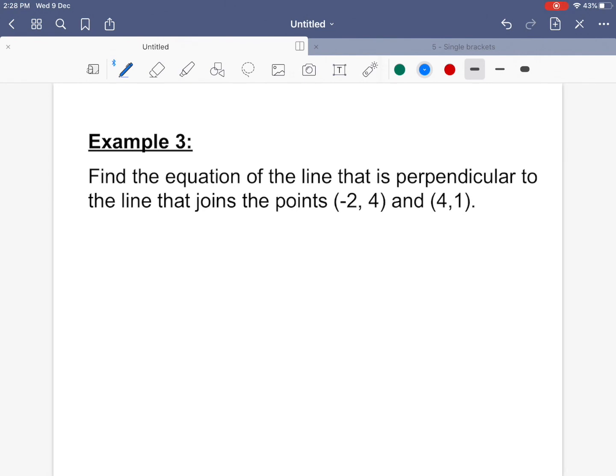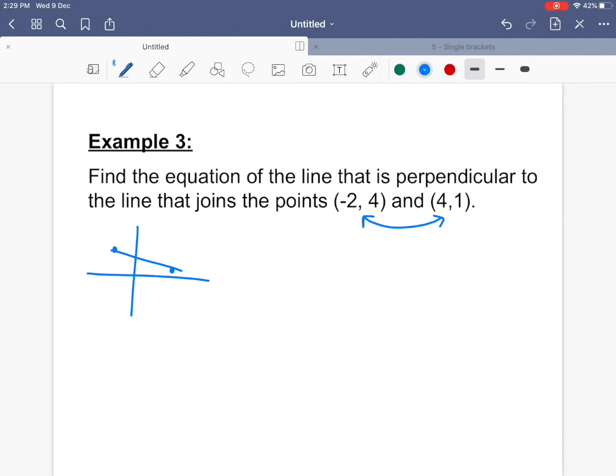This one's a very similar style of question. For the equation, we need to find the line that's perpendicular to the line that joins those 2 points together. If we think about roughly what this looks like, I've got the coordinate minus 2, 4, and the coordinate 4, 1, and there's a line going between them, and I want the perpendicular to that. The perpendicular is going to have a gradient that is the negative reciprocal of the gradient between these 2 points.